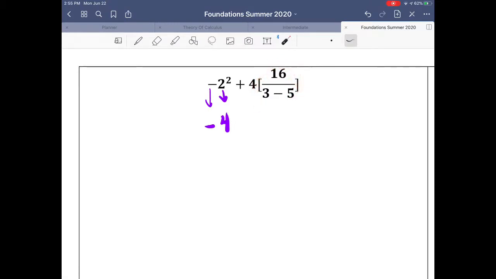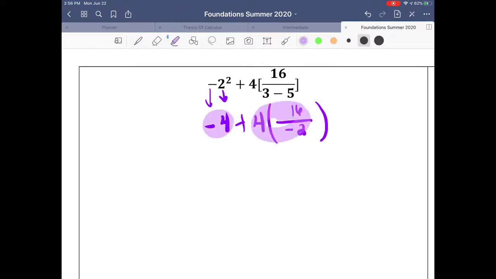And inside that parentheses, I can simplify the denominator. So I'm going to leave this 4, I'm going to leave this 16, and then I'm going to simplify the denominator. You'll notice that I switched my brackets to parentheses. It doesn't matter, they mean the same thing.